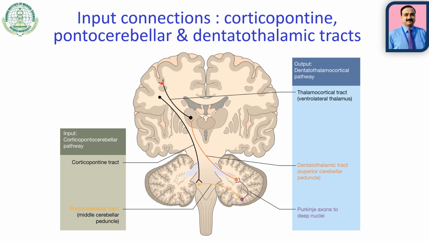This is the ventrolateral part of the thalamus. So the thalamocortical tract. This is the output pathway.